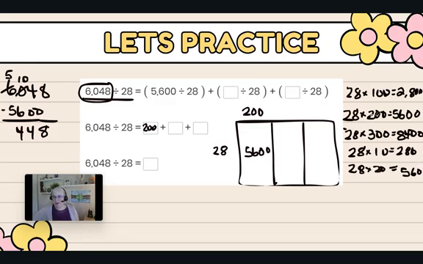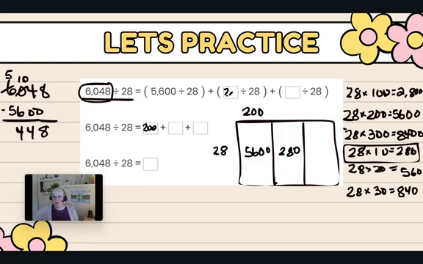One less 0 than this. 28 times 30 is going to be, well, 3 times 28 is still 84, like it was before, but only 1 zero this time. We've already gone way over. We want this one. 280 is the closest to 448 without going over. So I'm going to put 280 in here.